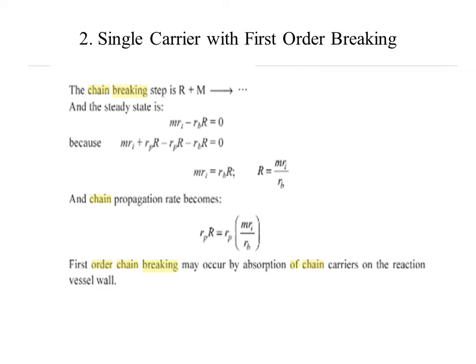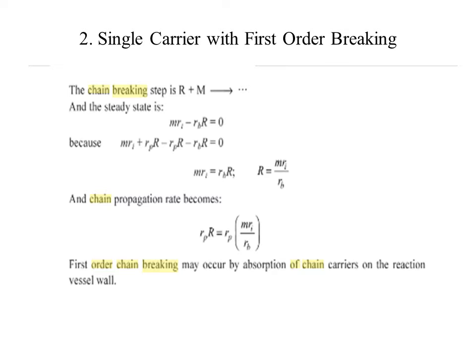Now next is the single carrier with first order breaking. Single carrier reaction with the first order breaking. The chain breaking step is R plus M. Other steps are neglected, and the steady state is MRi minus RbR equal to 0, because MRi plus RpR minus RpR minus RbR is equal to 0 at steady state.